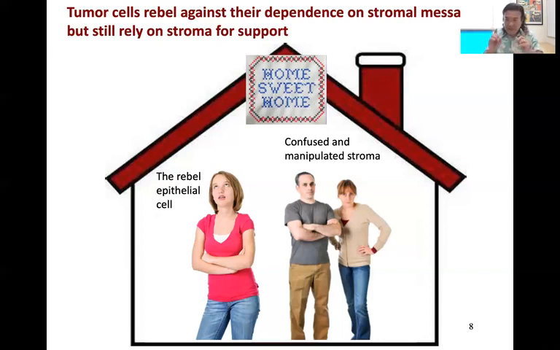But the important thing to keep in mind is that, just like this teenager, even though she's rebelling and thinks of herself as really independent, she's still living in her family's house. That means she still depends upon her parents for support. And even though her parents get really confused and start getting manipulated by their teenage daughter, they still provide an environment where their daughter can thrive.